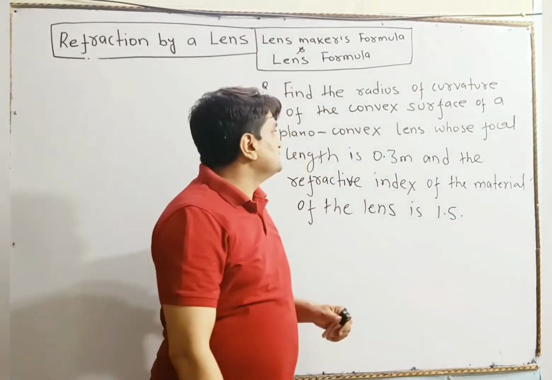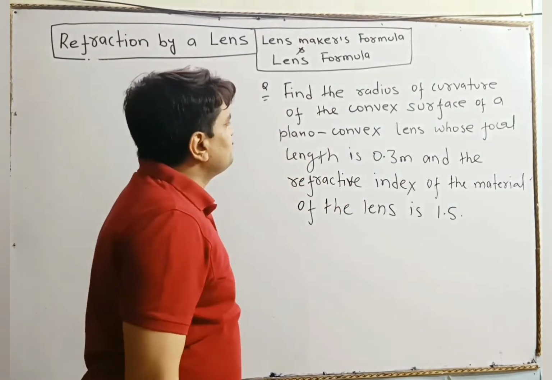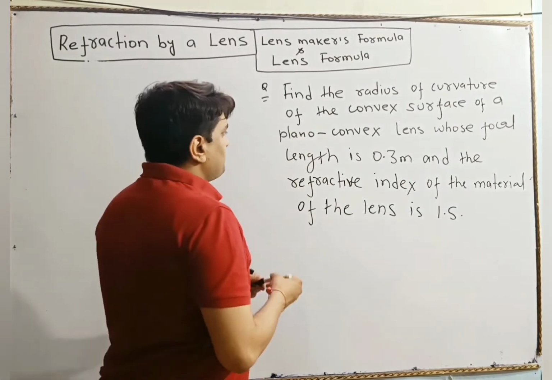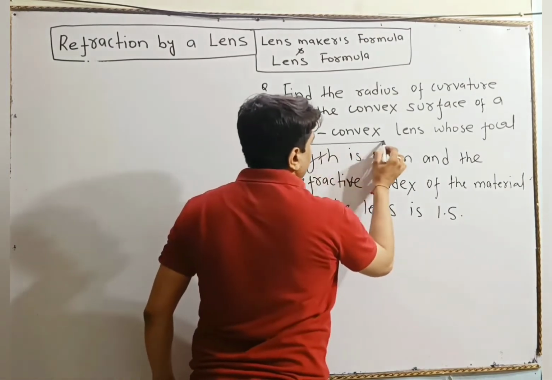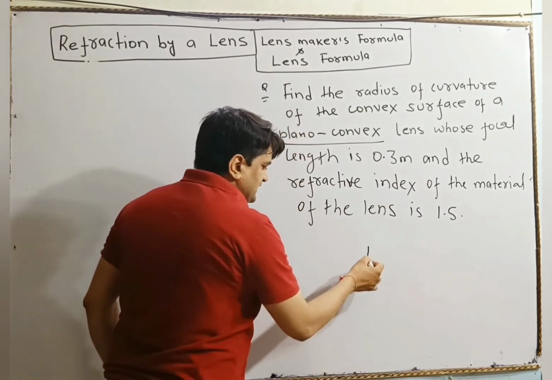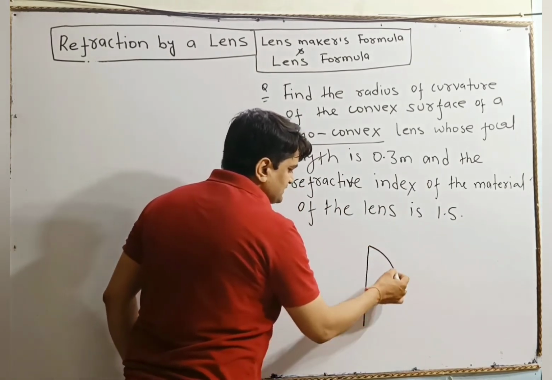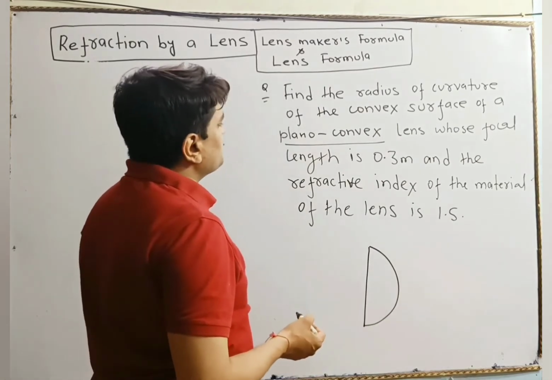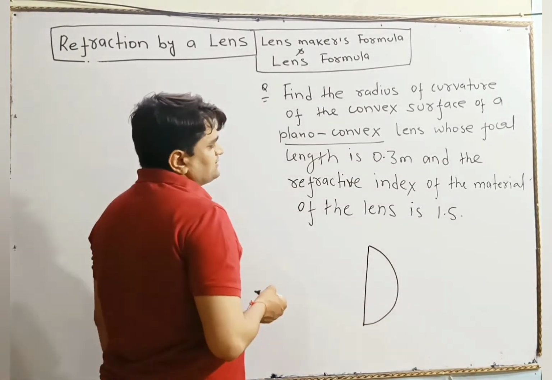Here is next question. Find the radius of curvature of convex surface of a plano-convex lens. What do you mean by plano-convex? That means one surface is plane and second surface is convex. Okay, whose focal length is 0.3 meter.